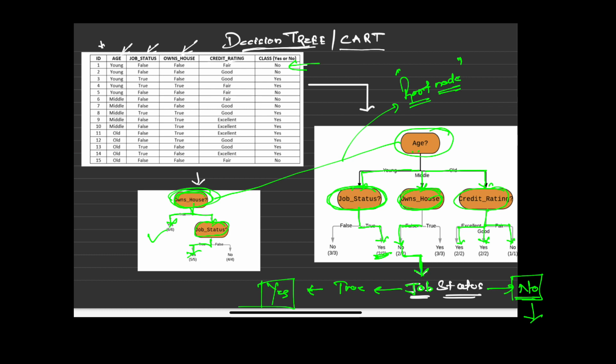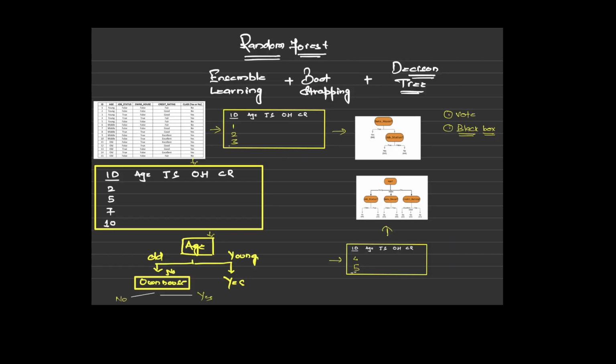There is a proper logical, mathematical, lengthy explanation to find your root node, which would be the determining factor, the most important factor in determining whether you should classify something as A or B. Okay, moving to random forest.